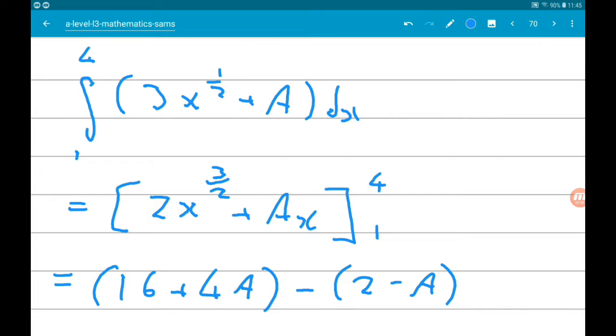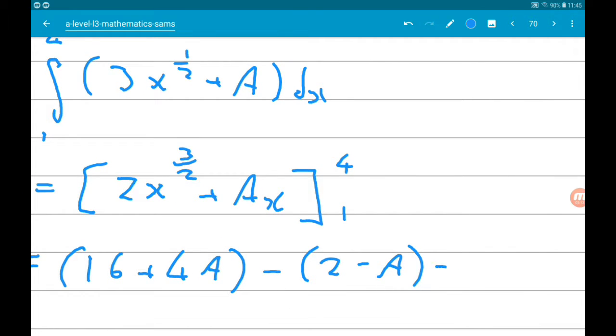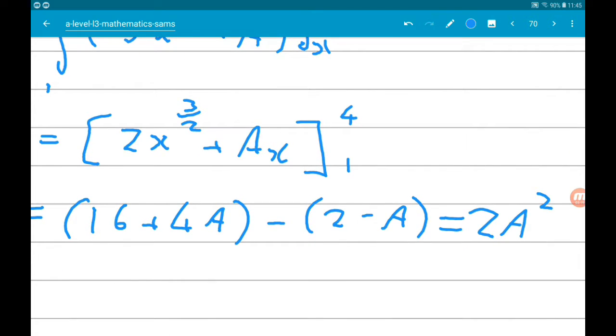Now, we know that is equal to 2a squared. Okay, so we have 16.